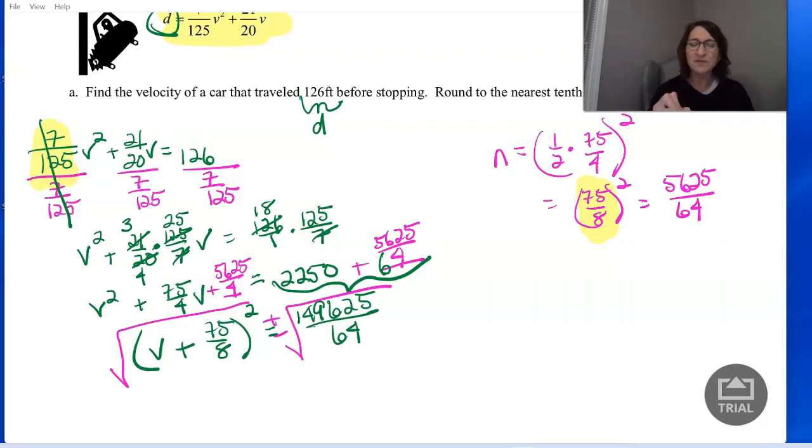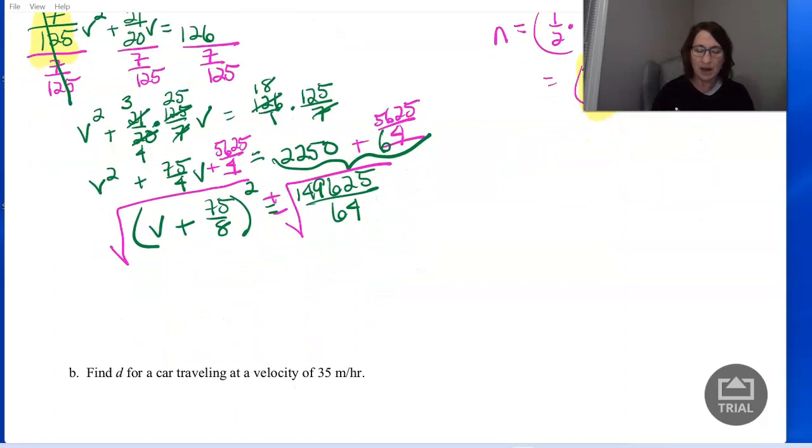So this is going to give me v plus 75 eighths equal to plus or minus the square root of 149,625 over 64. At this point, I'm going to go ahead and simplify that numerator.